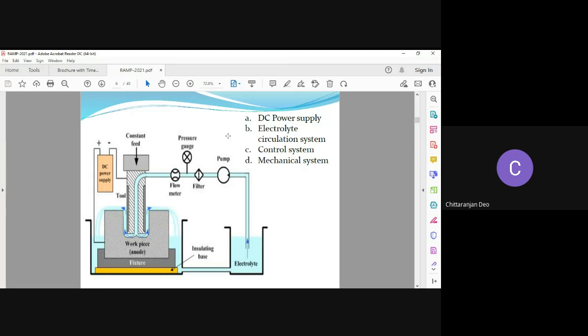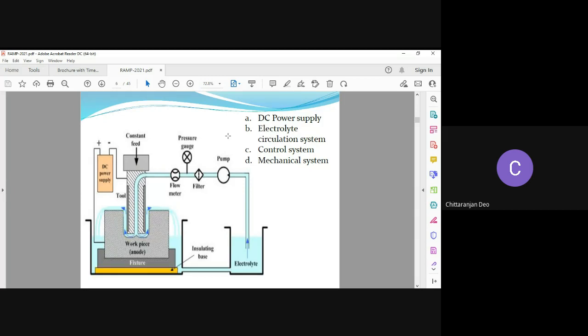ECM utilizes the anodic dissolution process used in copper electrolysis, but confines the current with a different method to allow more precise and accurate dissolution. This enables different shapes and contours to be machined using this method.